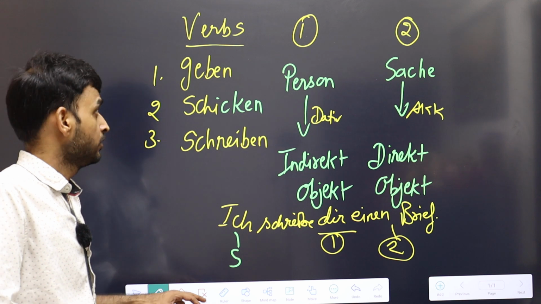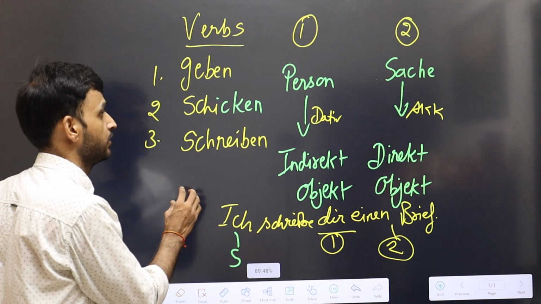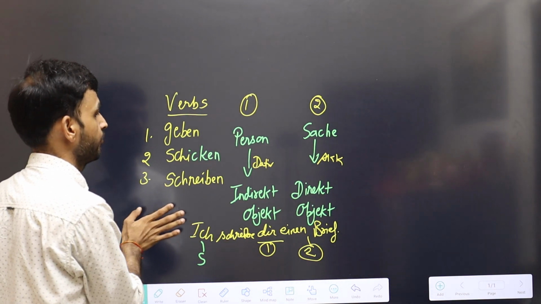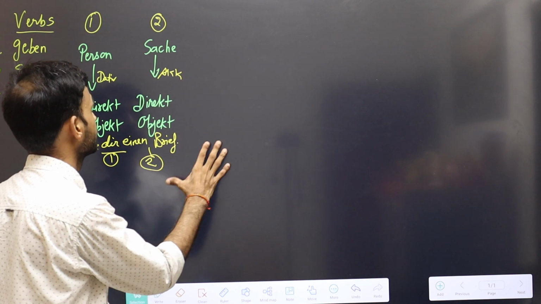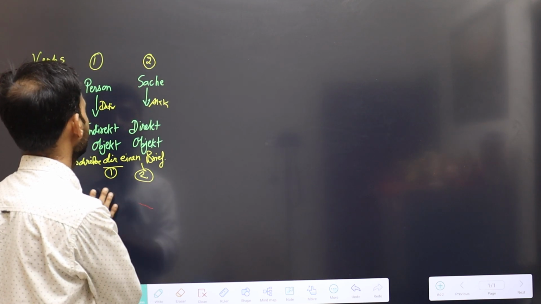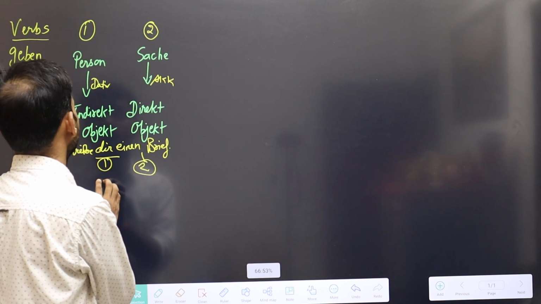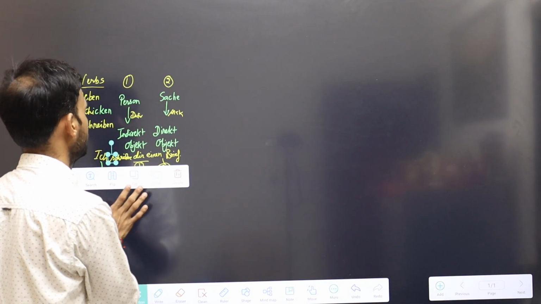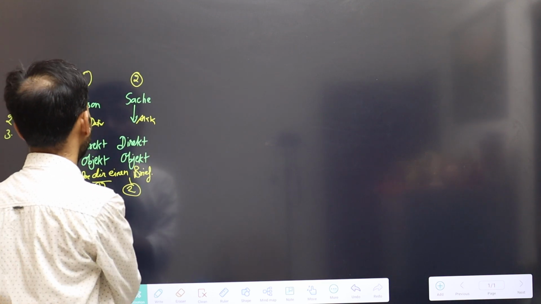Now we'll see another category of verb. As I said, there is another category of verbs. In this category, there is one more thing I would like to explain. Now we use the personal pronoun.